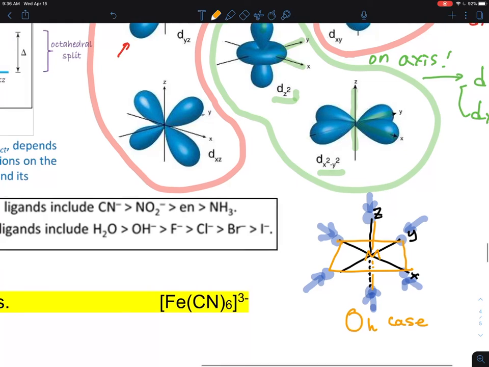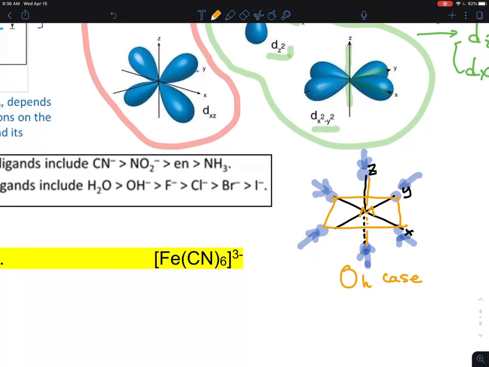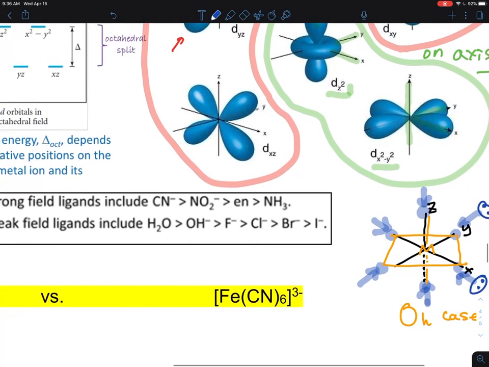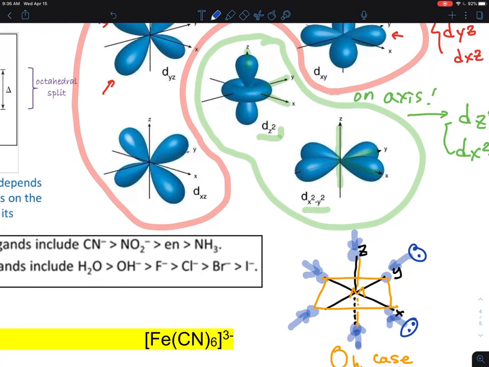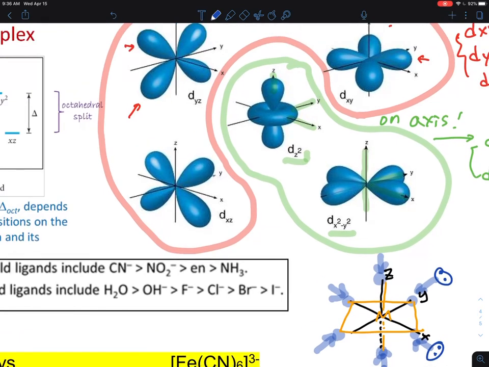So the orbitals that are feeling, quote unquote, this lone pair pushing by the ligand will go up in energy. Whereas the ones in between are less squeezed, so their energy level goes down relative to the ones that go up, right?